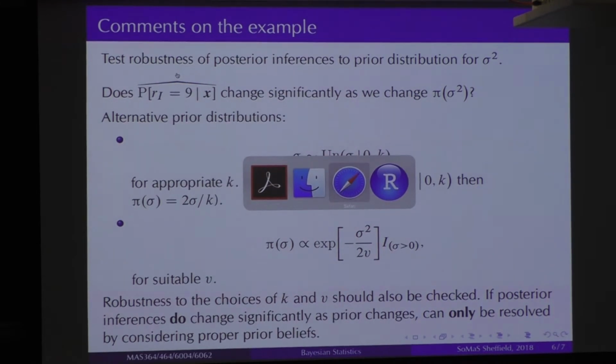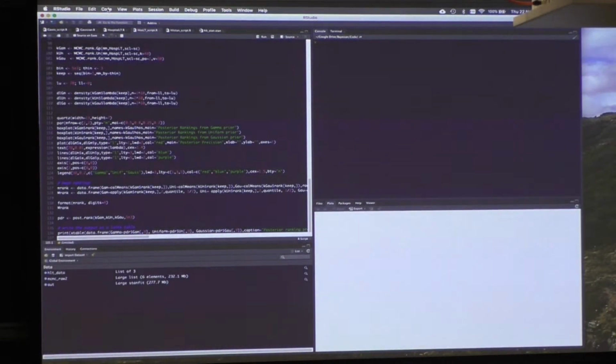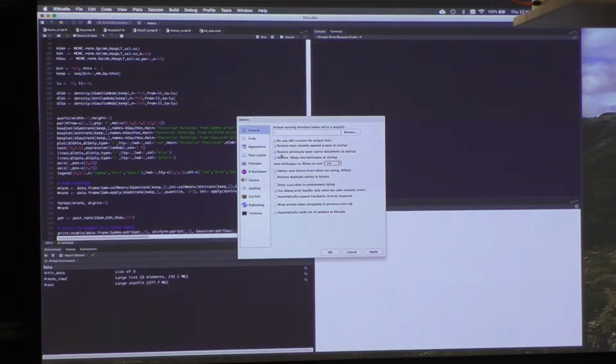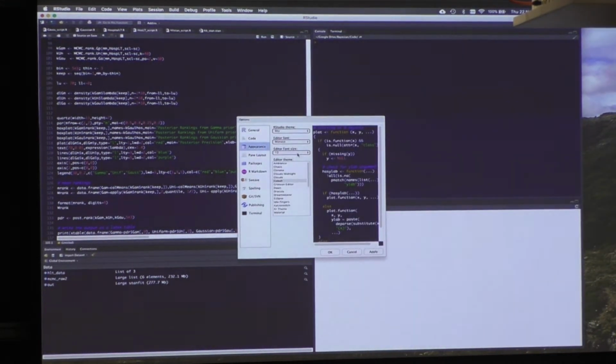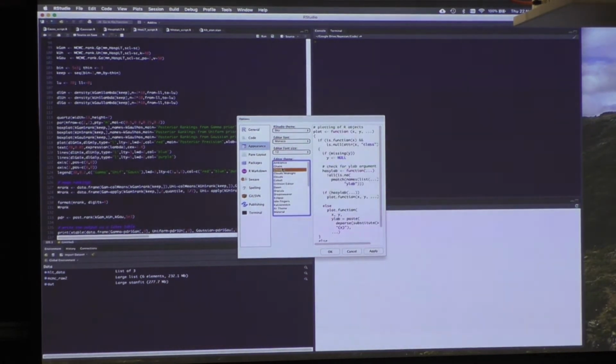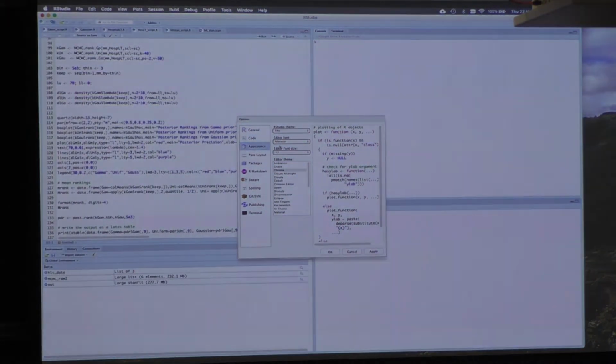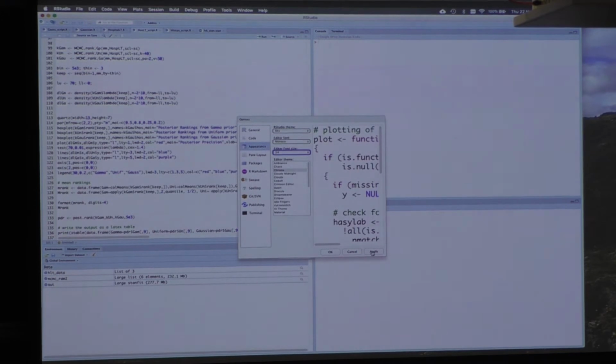So now if I go back to the code, I'm sorry, I always do the same thing. Okay.